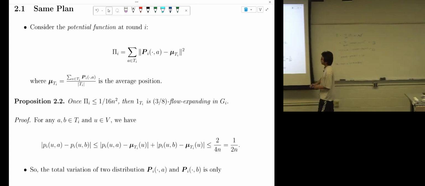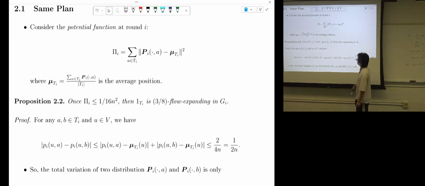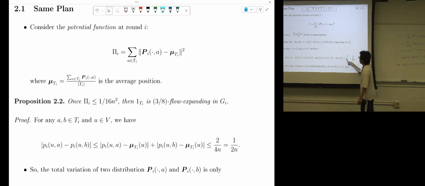So I just put this thing here, and each of these is less than 1/4.